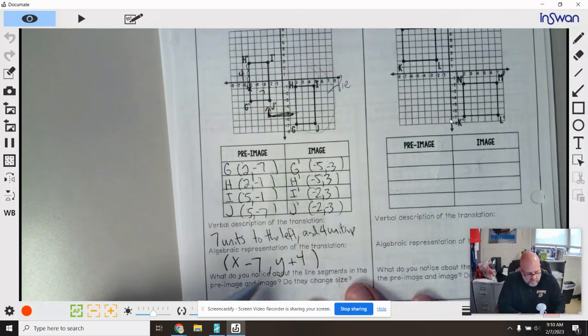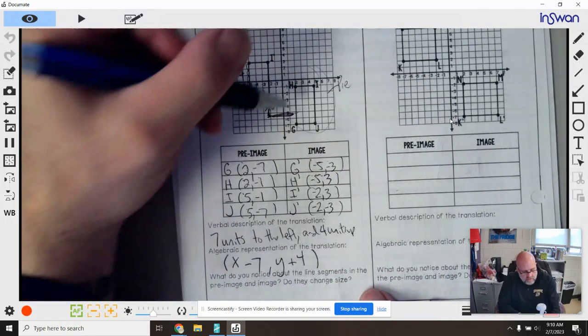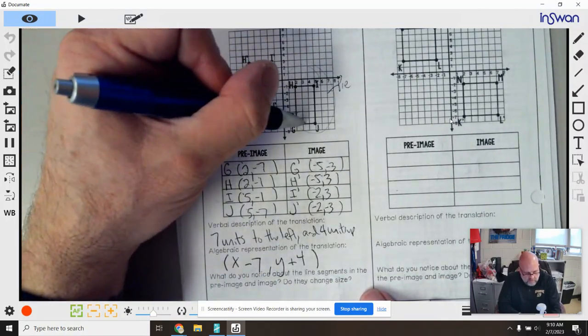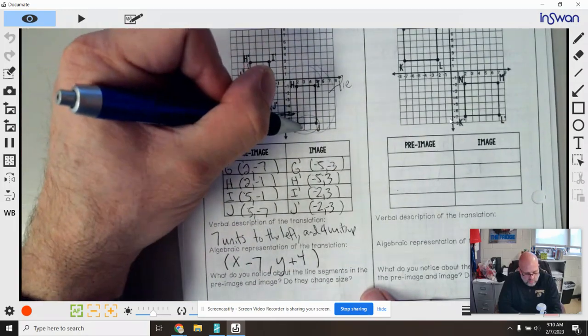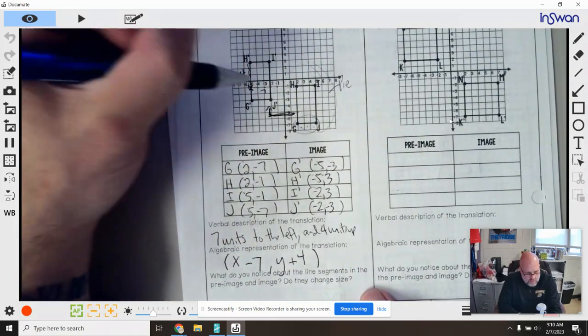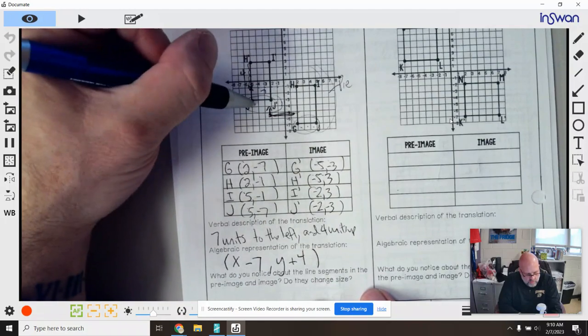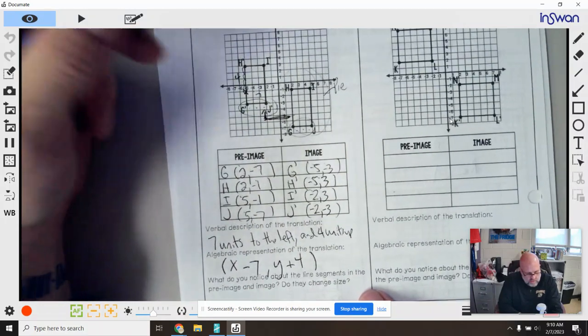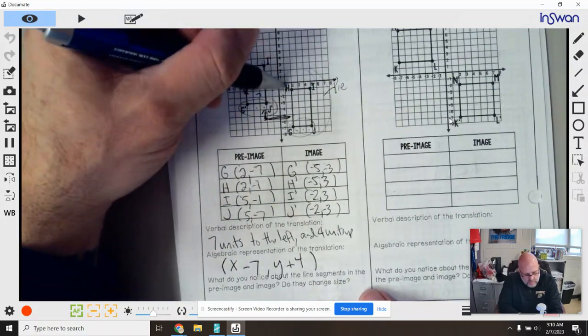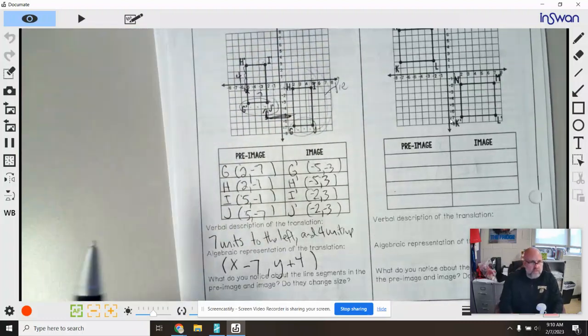Okay, now it says, what do you notice about the line segments in the pre-image and the image? Do they change size? Well, no, because look here, GJ is 1, 2, 3 squares. GJ prime, again, is 1, 2, 3 squares. And the same can be said for these side segments right here. They're not going to change size at all.